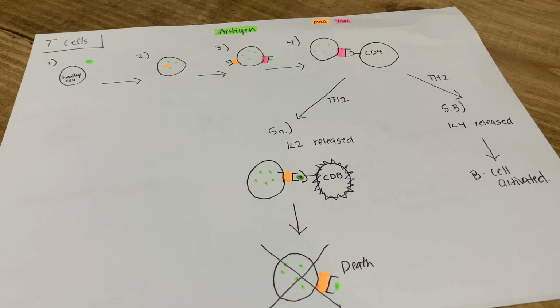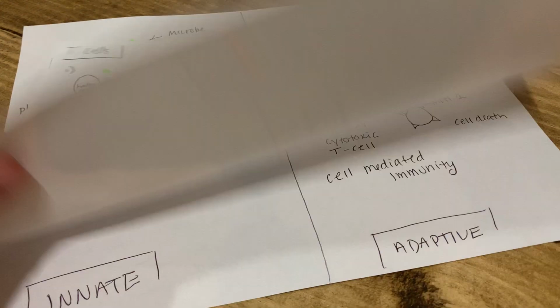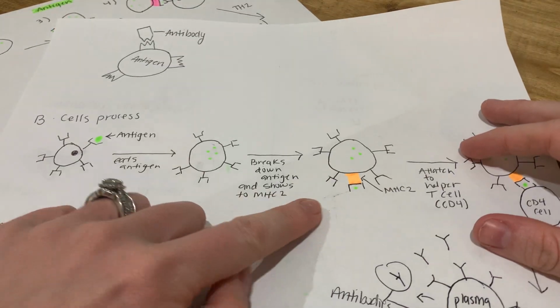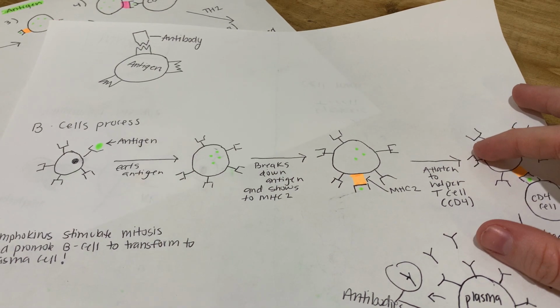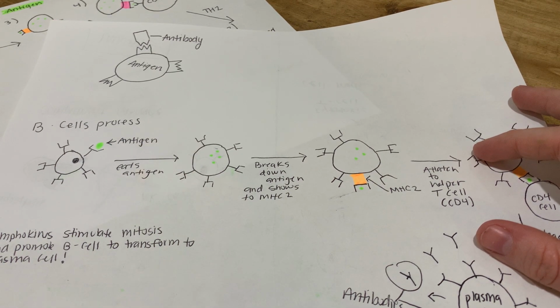An antigen presenting cell is anything that presents antigens. So like these B cells did right here, it's presenting an antigen. That is an APC, antigen presenting cell.